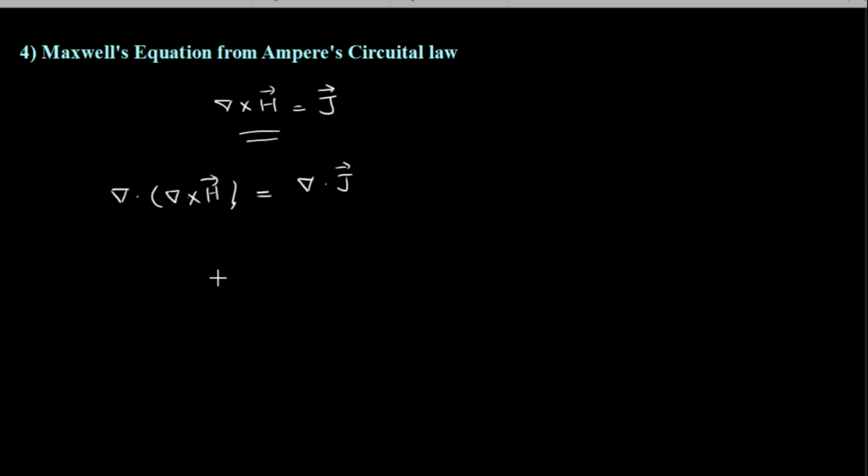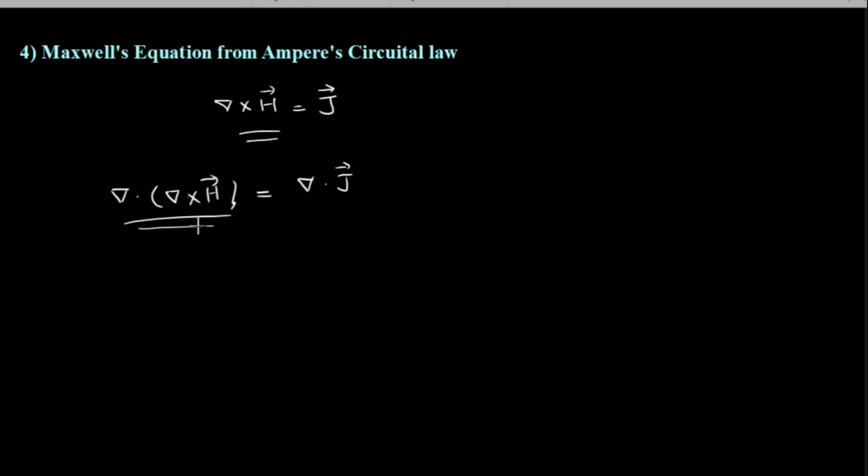But it is well known that divergence of curl of any vector is 0. This term is 0 because if you calculate the variation with respect to all the axes and then find the curl, you are going to get 0.